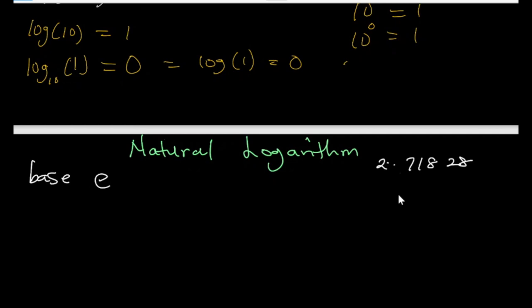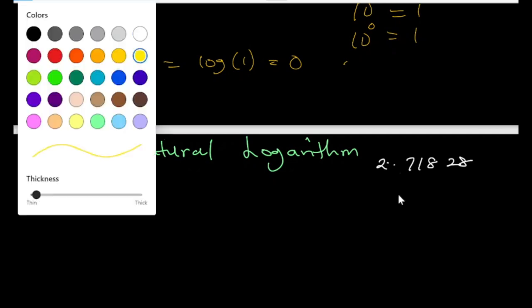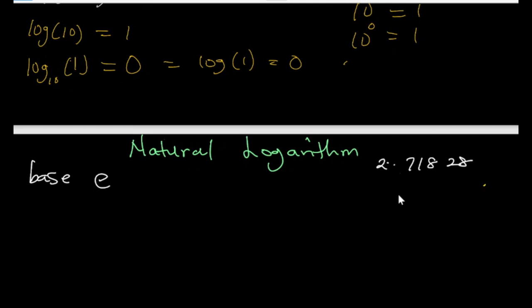The log of base e is usually represented with an abbreviation known as ln x, where x is a number. So anywhere you see ln, know that it is talking about the natural logarithm, base e.